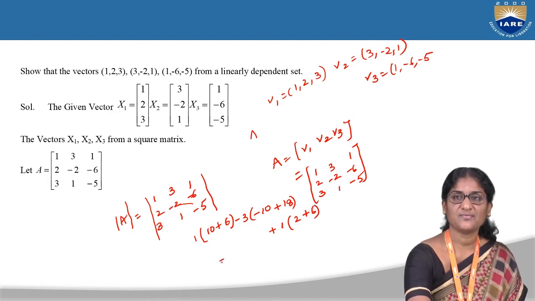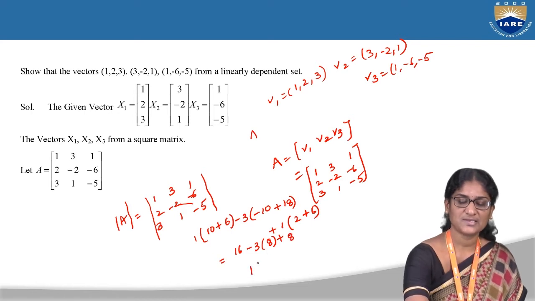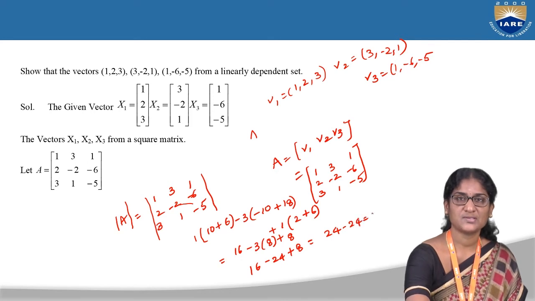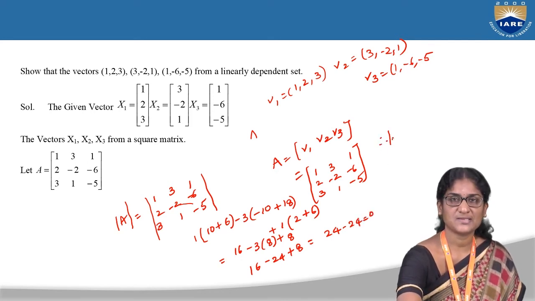Let us see whether we get 0 or not. 10 plus 6 is 16, minus 3 into minus 8, and plus 8 into 1. So we get 16 minus 24 plus 8, which gives 24 minus 24, which is equal to 0. Since the determinant of the matrix is 0, therefore A is linearly dependent.